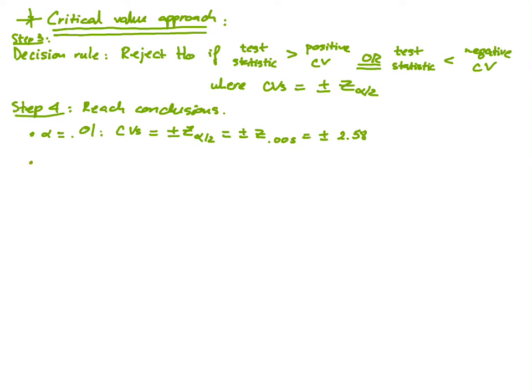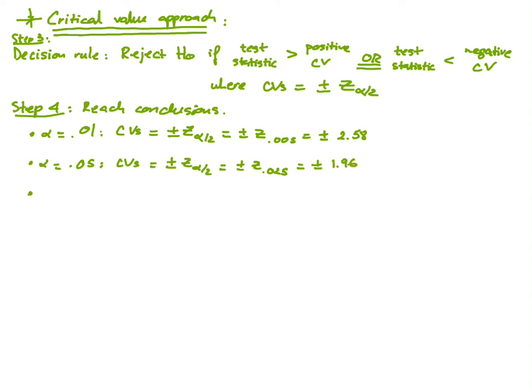When alpha is 0.05, the critical values are plus minus z sub alpha over 2, which is plus minus z sub 0.025, which is plus minus 1.96.